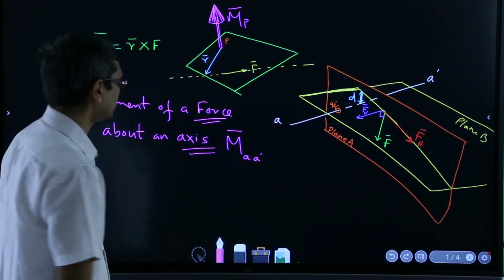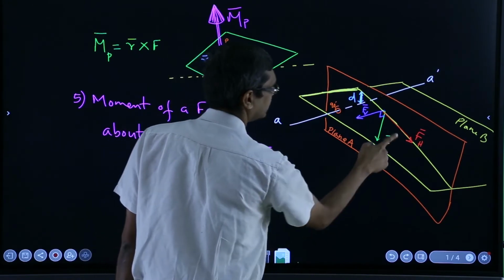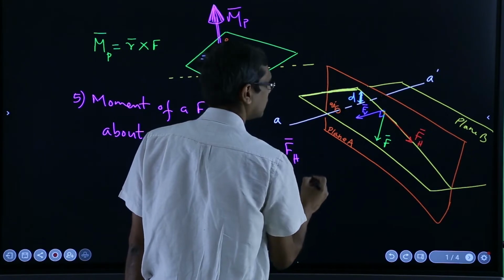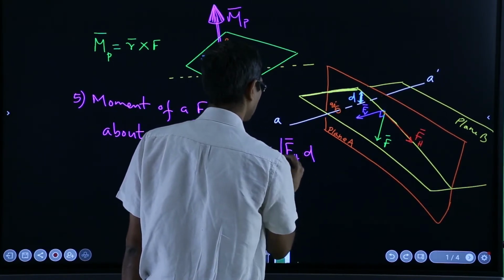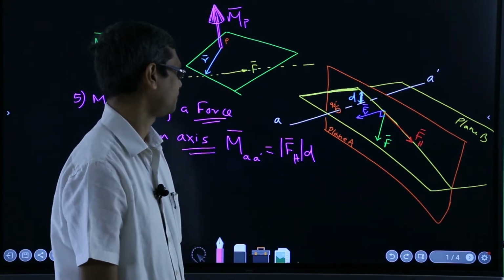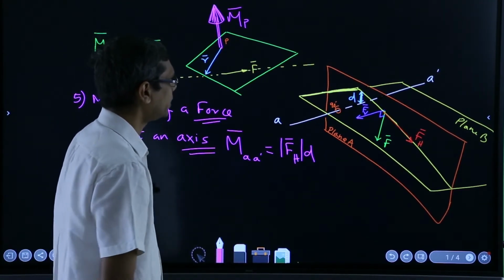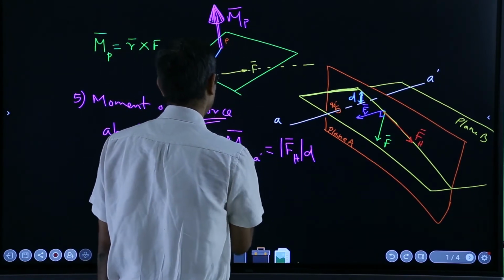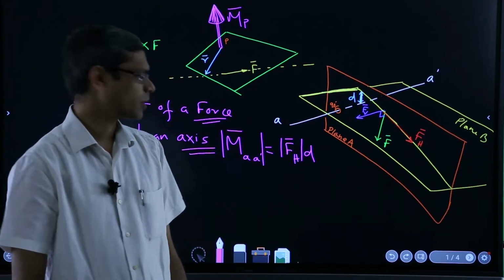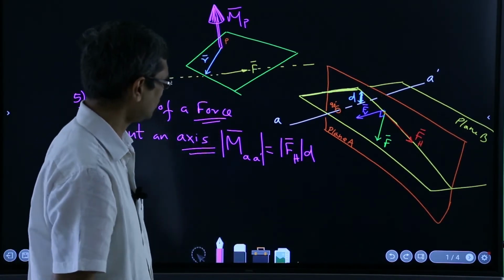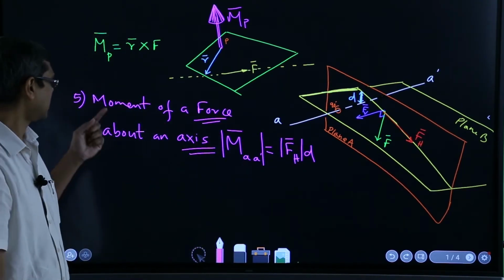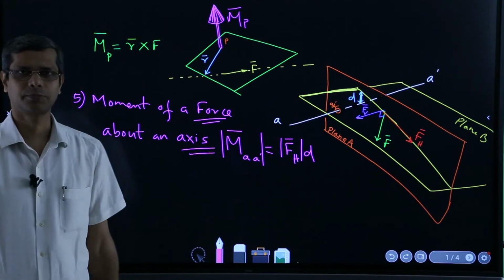So, that will be this component F H times D, I mean the magnitude of that force times D. So, that is the moment, and it is the magnitude in fact, because this side is also a magnitude. So, this is the physical meaning of the phrase moment of a force about an axis.